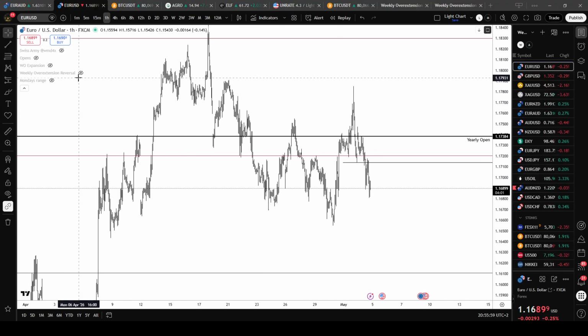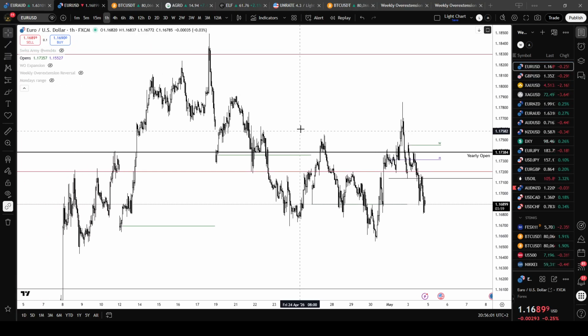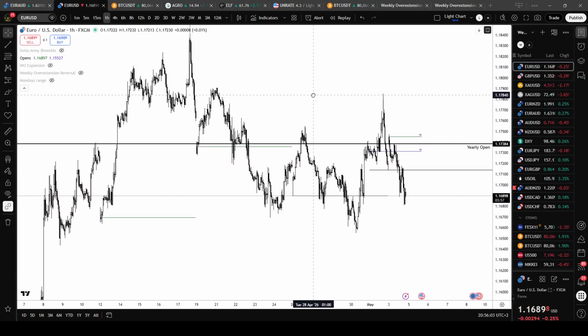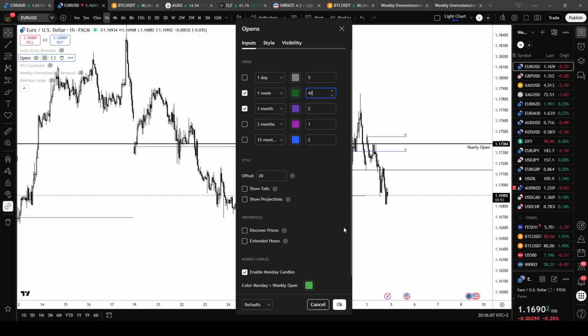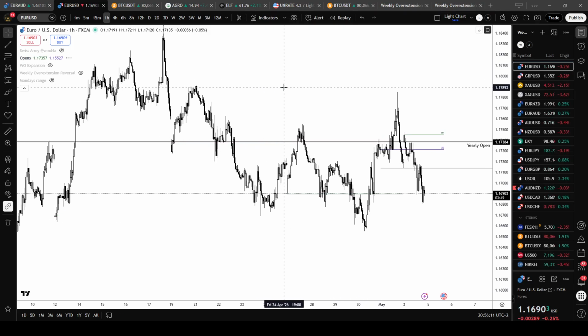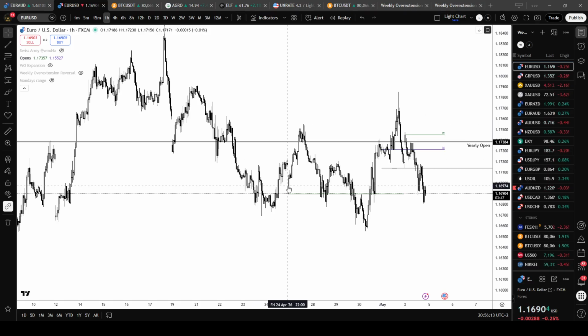So, just for more visual clarity, I'm gonna get rid of some of these drawings. Yeah, there you go. So we were covering the market around here, and price opened with a gap down.